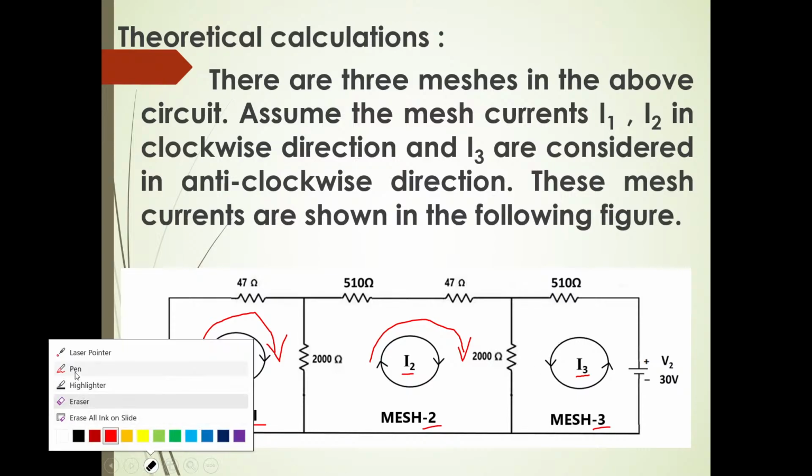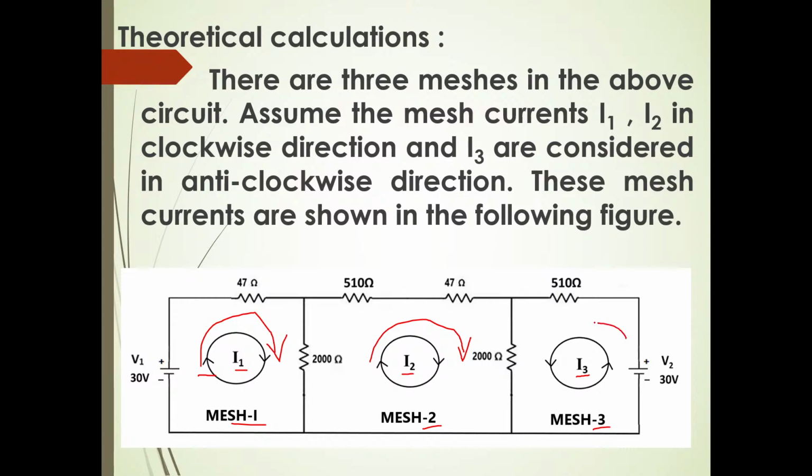You can assume whichever direction you want; no need to follow me. We can assume all mesh currents clockwise, or all mesh currents anti-clockwise, or any mix of clockwise and anti-clockwise.